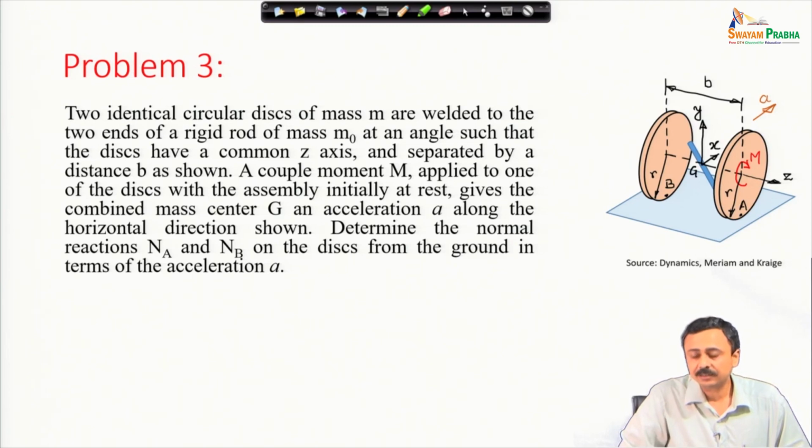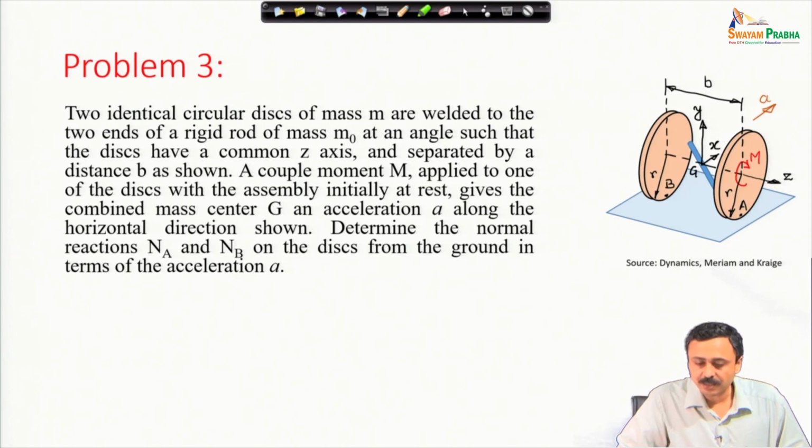In the figure that has been shown, the rod is in the x z plane, and the two ends of the rod are attached to the two discs in such a way that there is a common axis of symmetry for the two discs. The rod is of course at an angle with z.